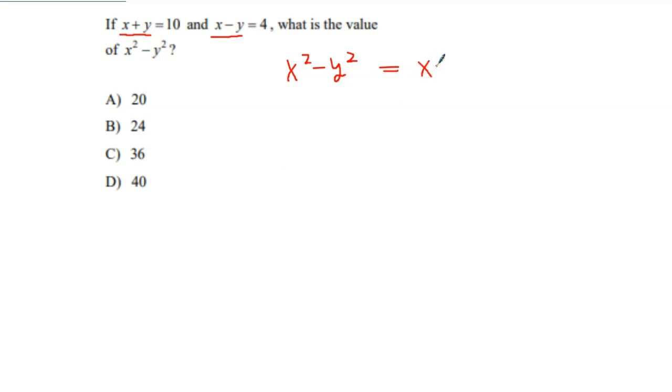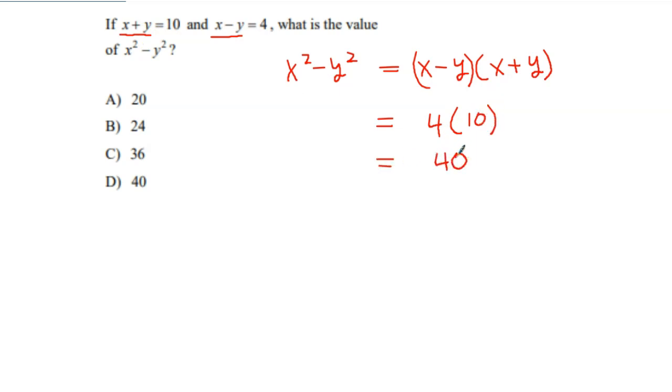You can write x minus y and then multiply by x plus y. That's the difference of two squares. And that will make the work much easier. We have been given the minus, which is 4, so it's just 4, and then times 10.